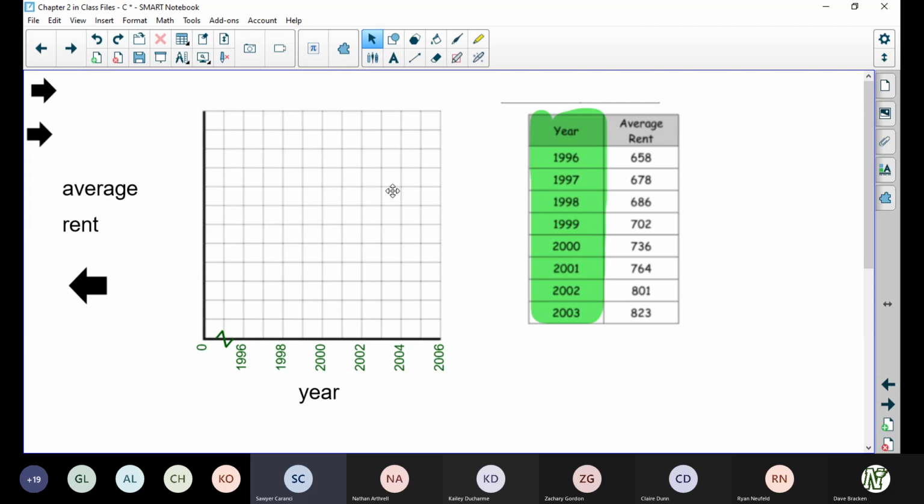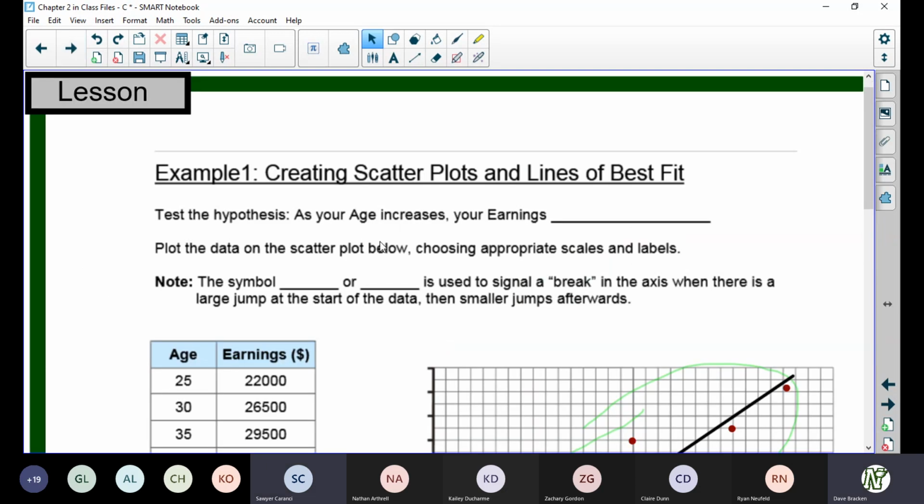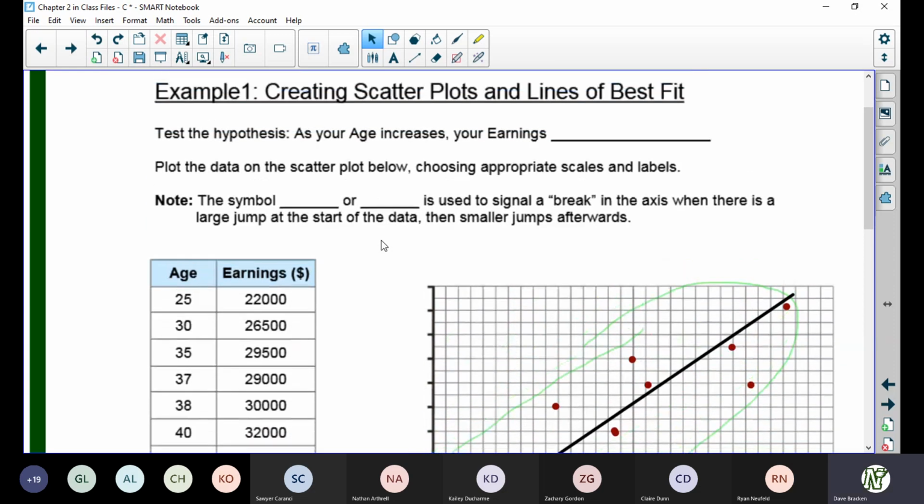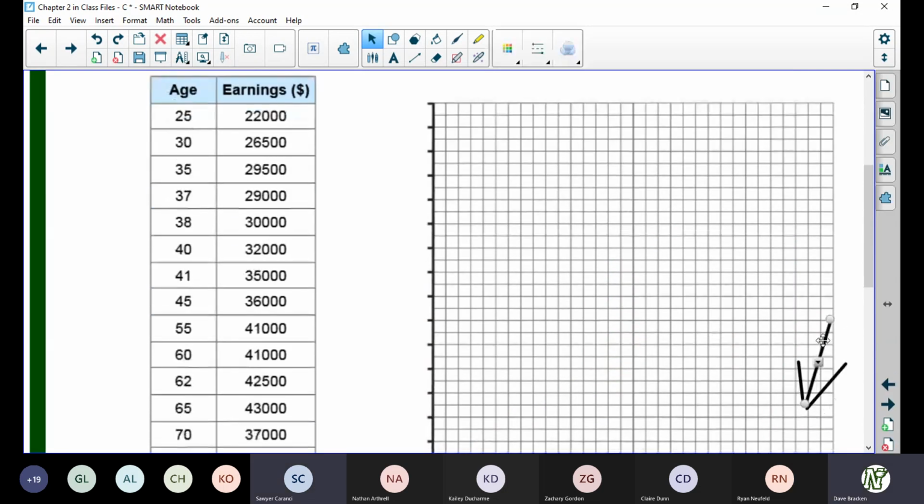And for creating scatter plots and lines of best fit, earnings will be on the left, right? For this one here? Okay, so the very first variable goes where?